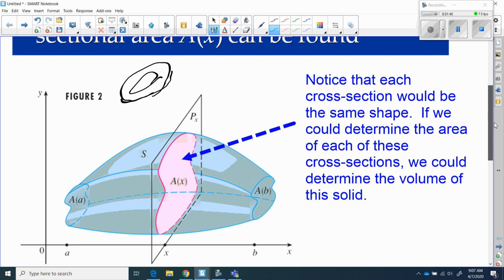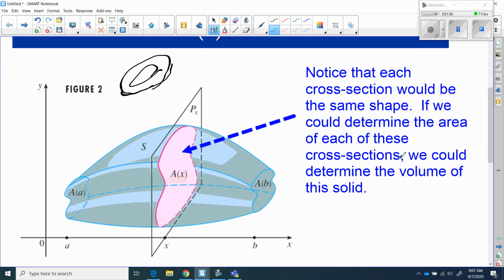So if you look at this picture here, you can see they just have some kind of a strange irregular shape. They cut this one cross section out here that you can see, but if they were to cut another cross section down here, it'd be the exact same shape as this. Only difference is it would be smaller. So any slice you make of that object would be that same shape, just a different size. So they would get the area of each of these.